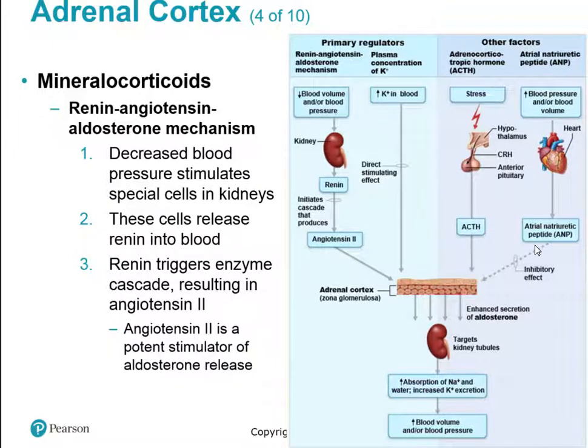And the antagonistic hormone, atrial natriuretic peptide, ANP, is produced by the heart. It's released when blood pressure is too high. When blood pressure gets too high, the heart releases ANP, which turns off the aldosterone secretion. If blood pressure is already high, we don't want to increase it even further, so we want to turn it down.